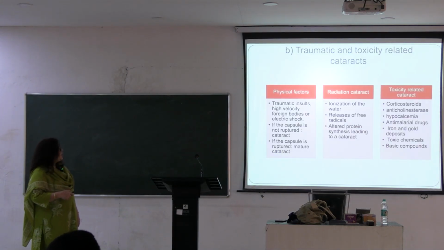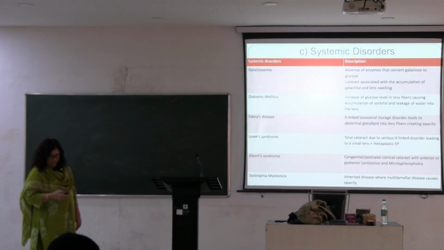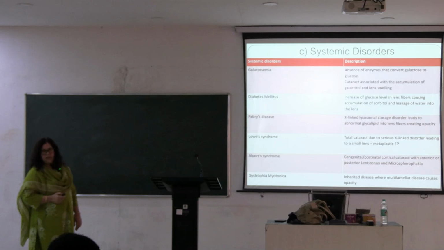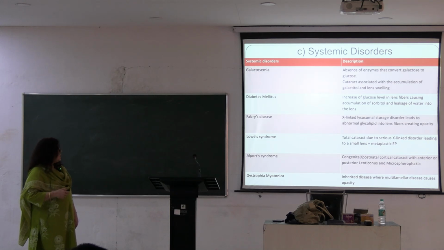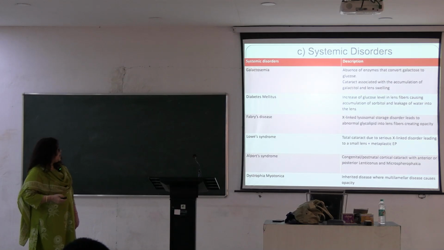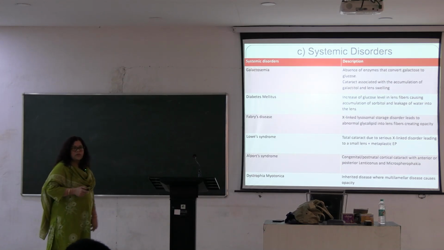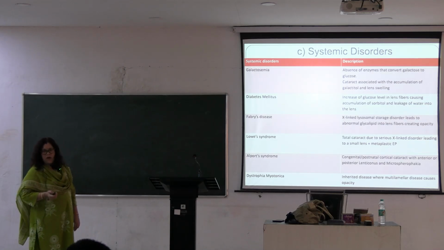Then this is the traumatic and toxicity related cataract. Systemic disorders associated with cataract. So here we complete all the classification of congenital and acquired cataract, and next time we will discuss one by one every different type of cataract, how to examine the case and the process of formation of cataract, that is stages of cataract.